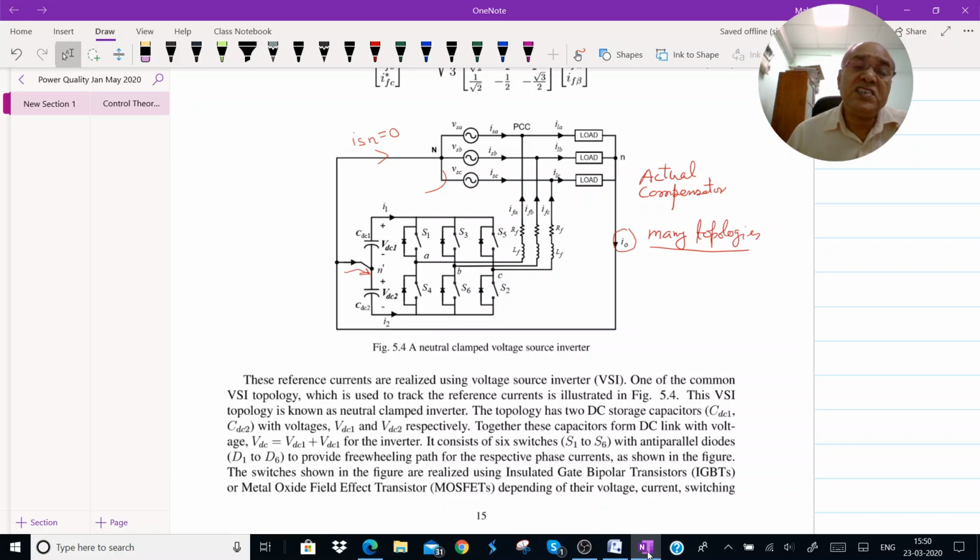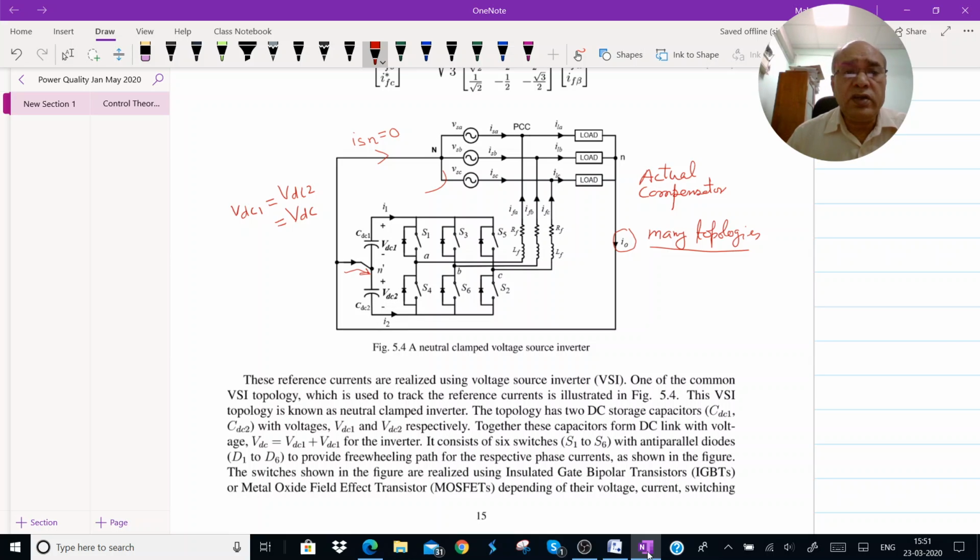Since VDC1 and VDC2 are approximately the same, we can say plus minus VDC. So VDC1 and VDC2 here are approximately the same, approximately equal to VDC, and hence the voltages that we apply at points A, B and C are plus minus VDC, depending upon which switch is closed and which switch is open.